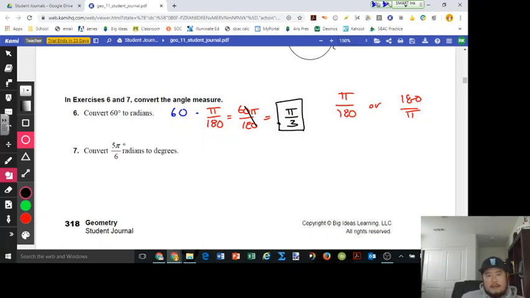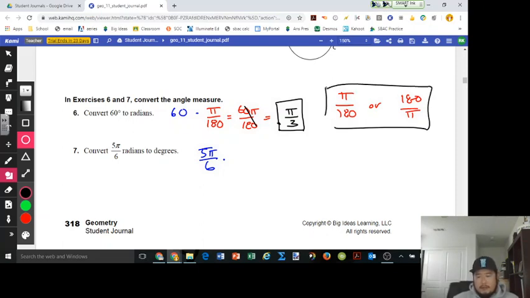When I take a look at number 7, we're taking from radians to degrees. So earlier, I talked about right here, if I want to have something in degrees, I can't have pi in it. So if I look right here at the two equations that we could multiply by, what I will multiply this one by is 180 over pi.